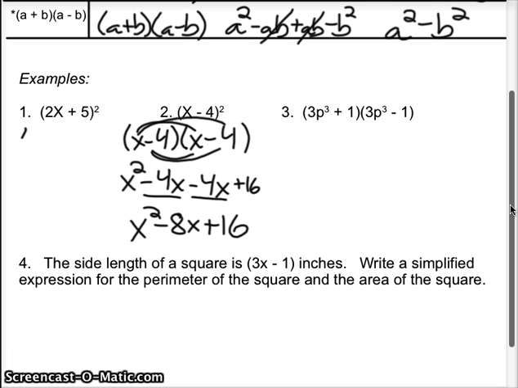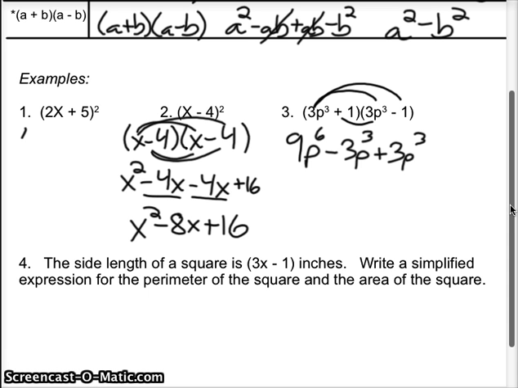F for first. 3p cubed times 3p cubed. Well, 3 times 3 gives me 9. P cubed times p cubed, 3 plus 3 gives me 6. O for outside, 3p cubed times -1 gives me a -3p cubed. I for inside, 1 times 3p cubed is going to give me a positive 3p cubed.